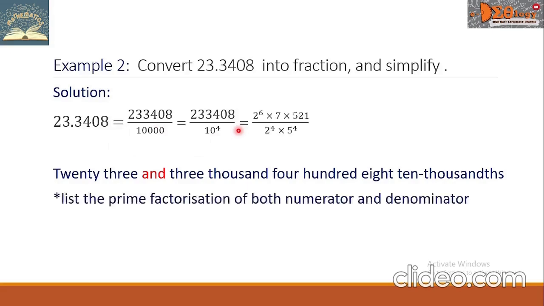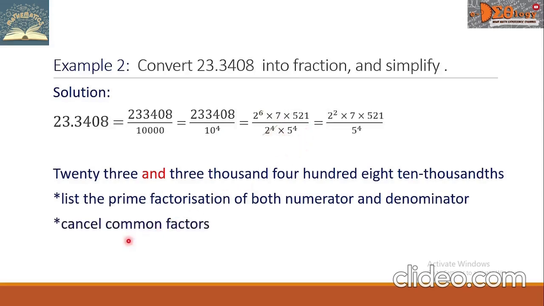In the next step, we're going to list the prime factorization of both numerator and denominator. For the numerator, we have 2 raised to 6 times 7 times 521 over, in the denominator, this 10 raised to 4 becomes 2 raised to 4 times 5 raised to 4.